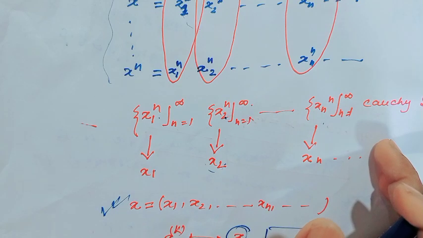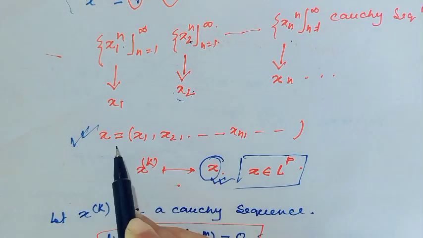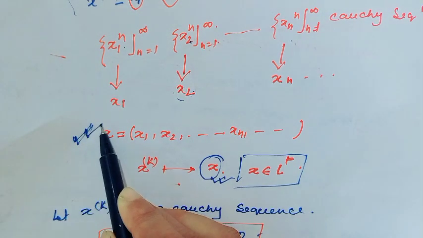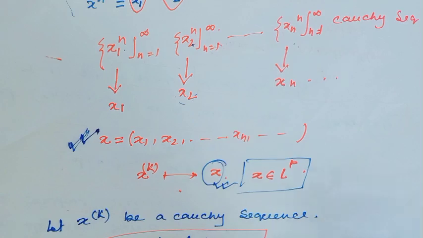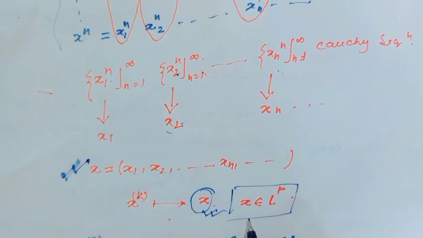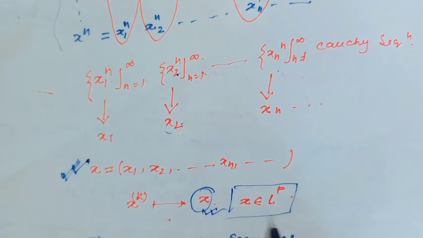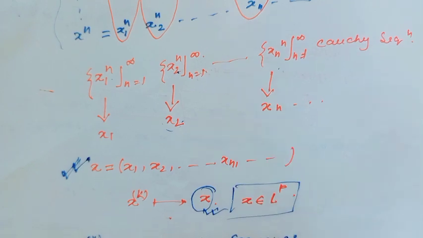That means our given sequence x_k actually converges to this vector. Our goal has been proved. Now we have to show this vector x actually belongs to l^p.